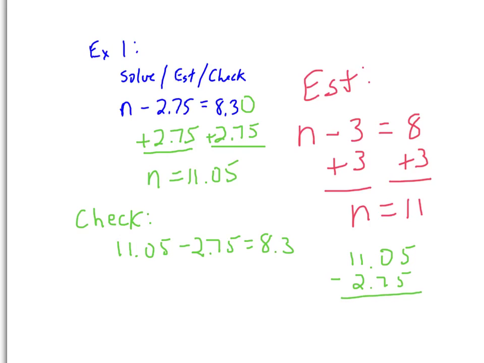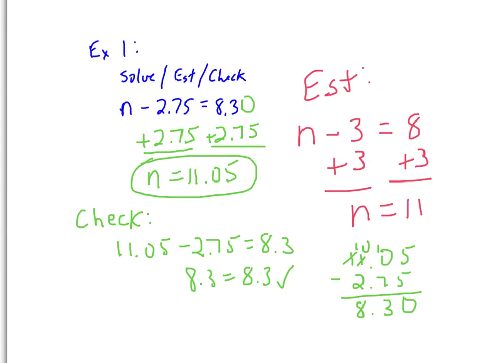Five minus 5 is 0, and I'll have 10 minus 7 is 3, and 10 minus 2 is 8, and I borrowed there as well, so I get 8.3, so 8.3 equals 8.3, so the equation checks, and I circle my solution. I found the value for n that makes that original equation true. Let's go to the next page.